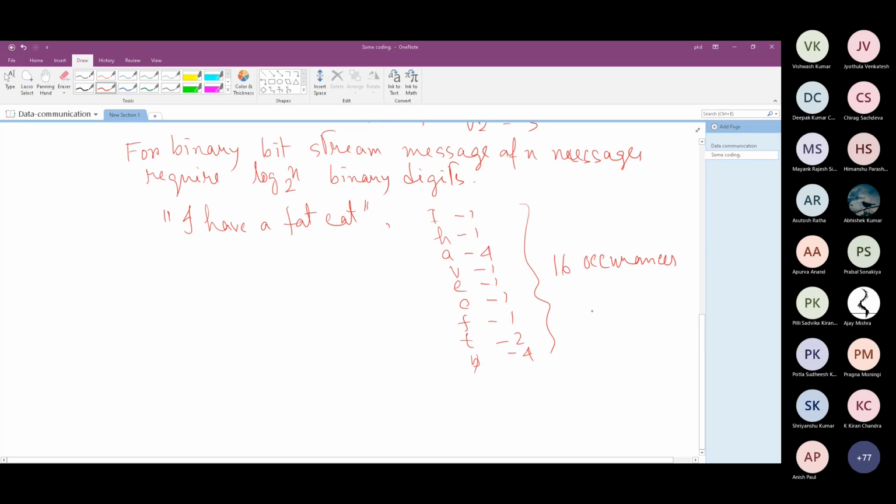Yeah, 16 occurrences. Out of that, how many symbols do we have? 1, 2, 3, 4, 5, 6, 7, 8, 9 symbols are there. 9 symbols occurring 16 times.